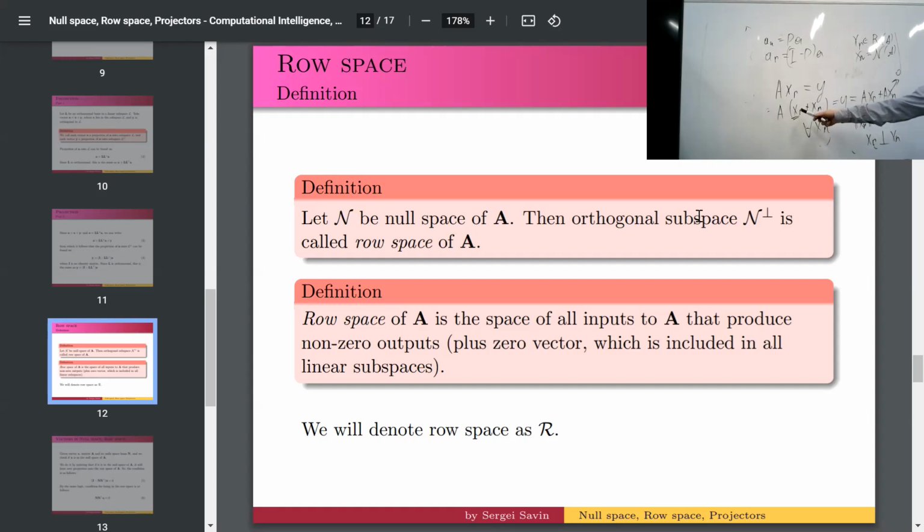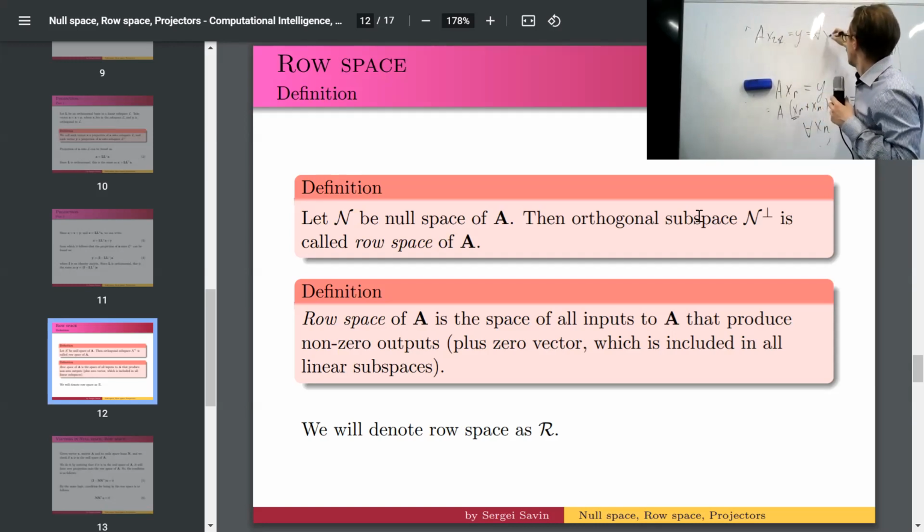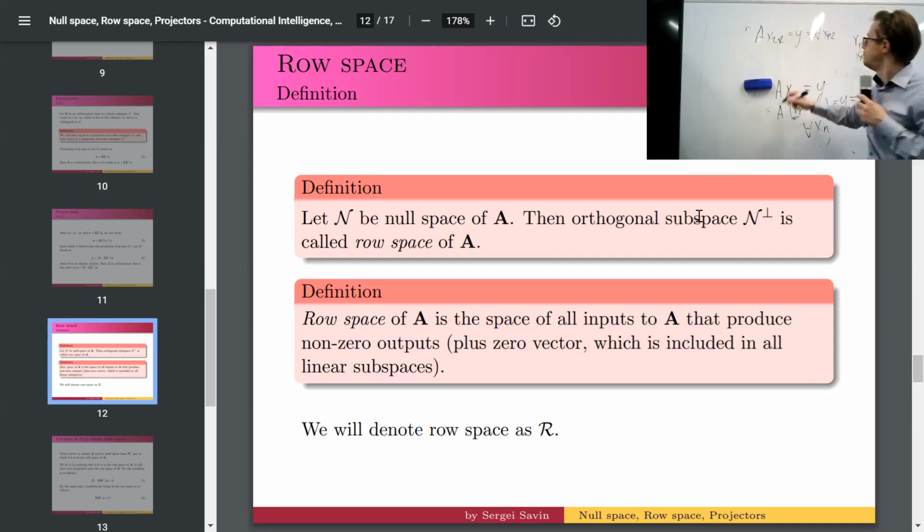But why is it unique? Let me put it this way. Why can't I find another XR that would produce Y again? Let's prove this as well. Imagine you have A XR1 equal to Y equal to A XR2.